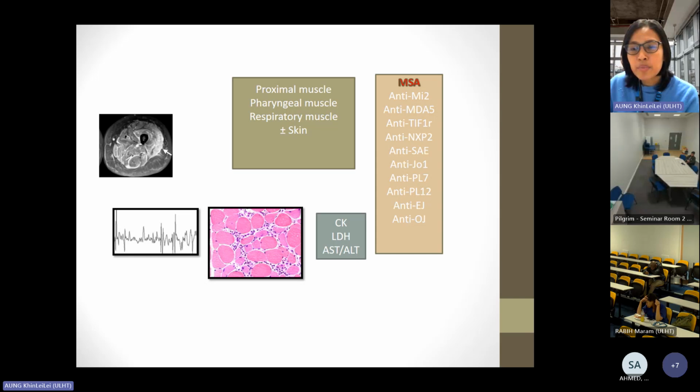Anti-Jo1, PL7, PL12 are usually associated with interstitial lung disease. So myositis specific antibodies are useful in categorizing what type of manifestation these patients have.